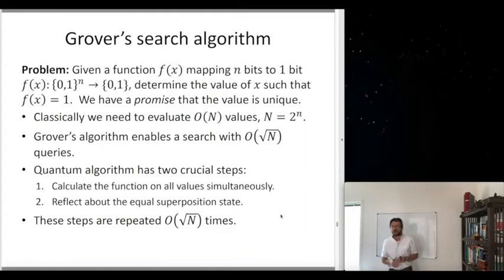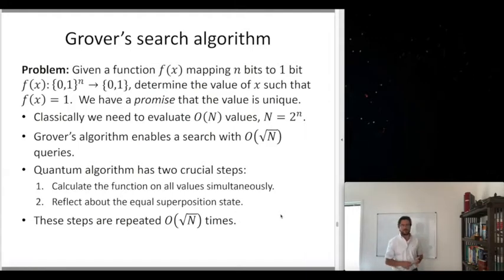I know very often this is compared to, let's look at a phone book, and I have a couple names and numbers, and you want to find the number to a name or the name to a number or whatever, then you could query this a lot faster. But I don't want to compare it to a database search, since if we had an unstructured database, the oracle must at least be of linear complexity.